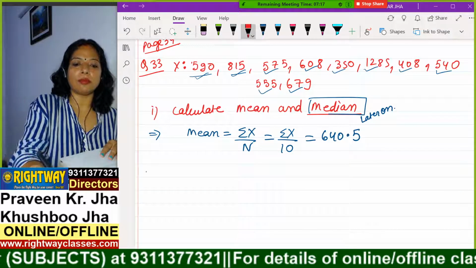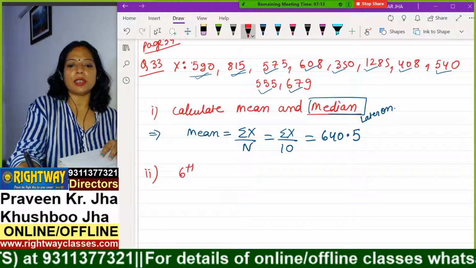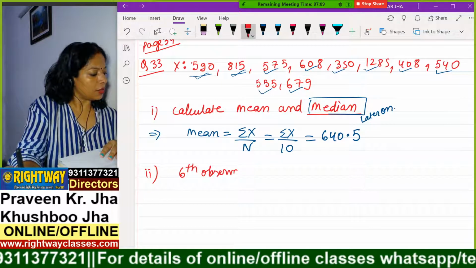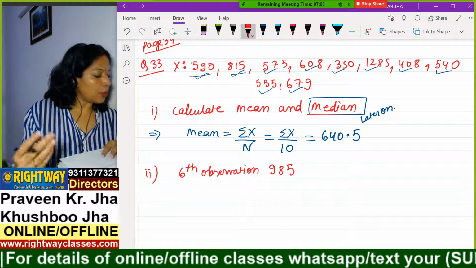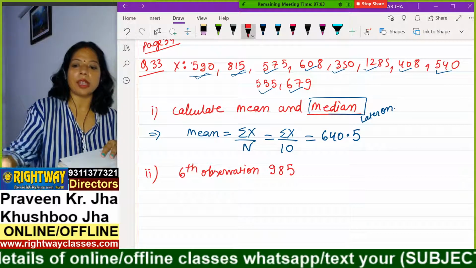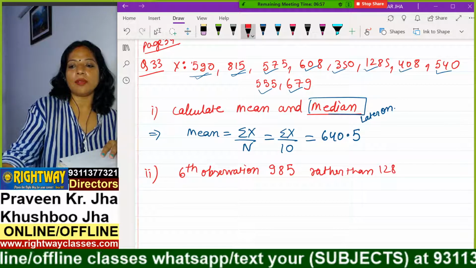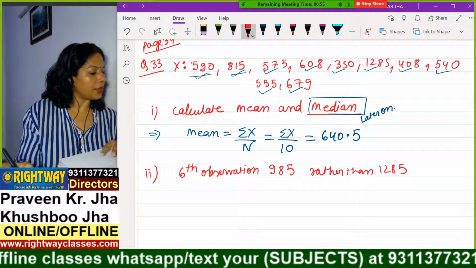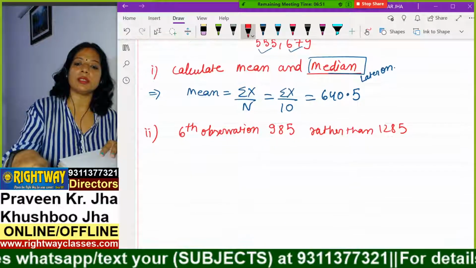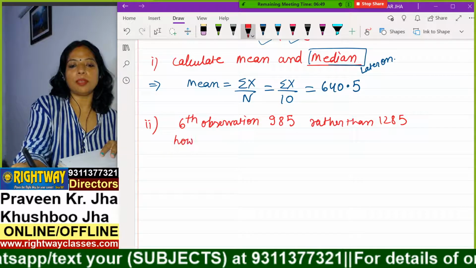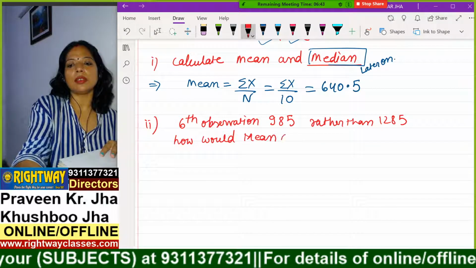Now see the second part. Suppose the 6th observation had been 985. If they want to change the 6th observation rather than 1285, what does this mean? They want to replace 1285 with 985. How would the mean and median change? How would the mean change?